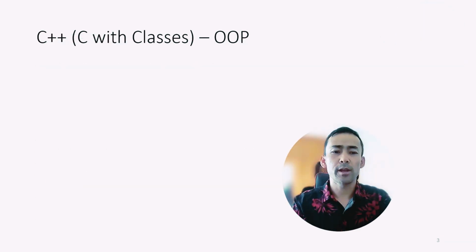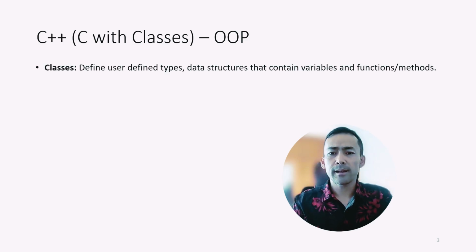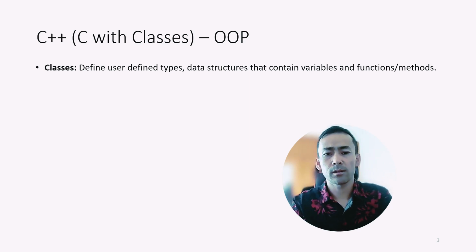It is worth mentioning that C++ is an extension of the programming language C, where classes are added. So classes are the fundamentals of object-oriented programming. What is a class? Classes are user-defined types.